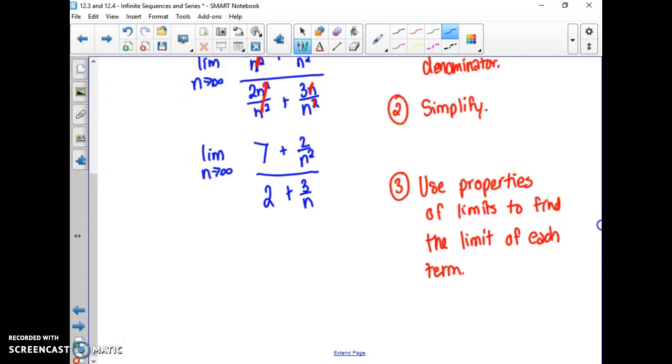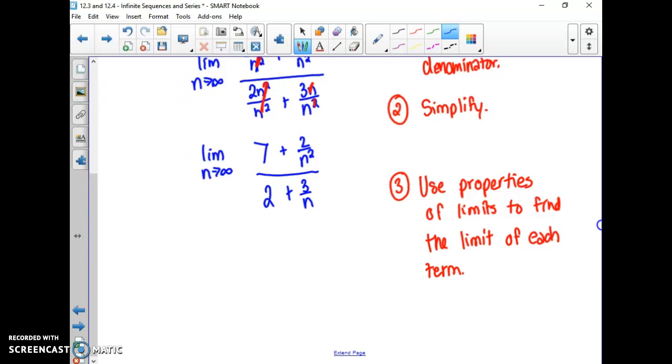So this next step that I'm going to write, I'm only writing for notes. I never write this when I actually work out the problem, but I just want to demonstrate how the properties apply here. So we can take the limit of things that are added together. We can take those limits separately. We can also take the limit of things that are divided separately.